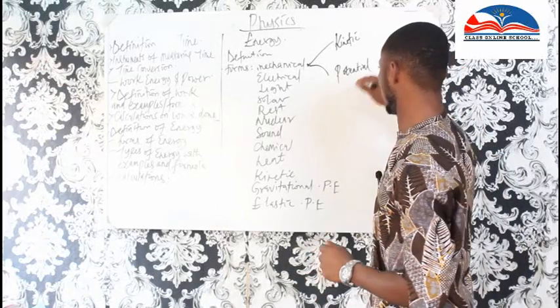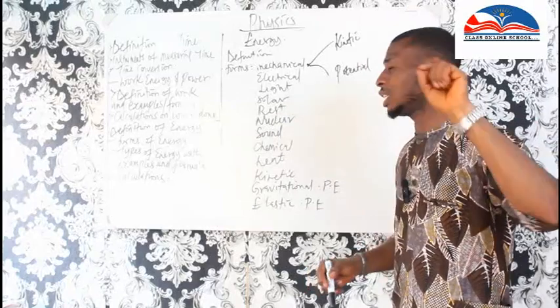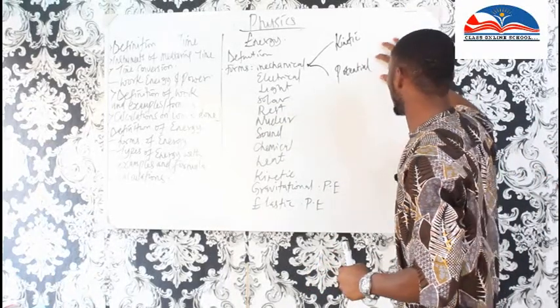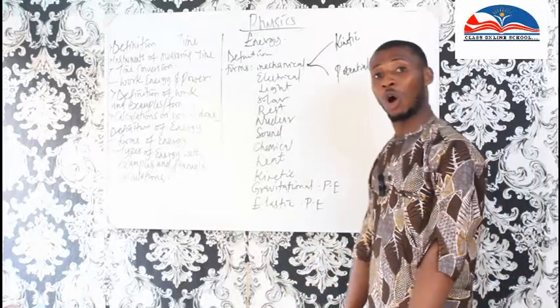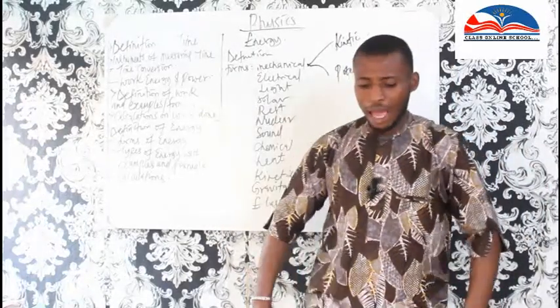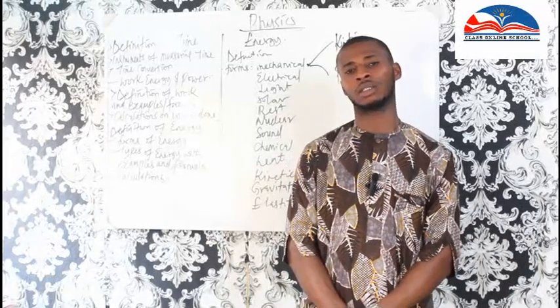Pardon me. Potential energy. This is the energy exhibited by a body at rest or in a place. If I am standing here, there is an energy that keeps me standing.